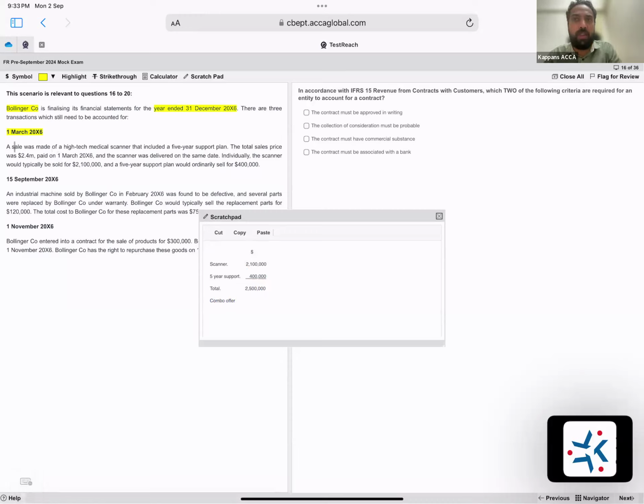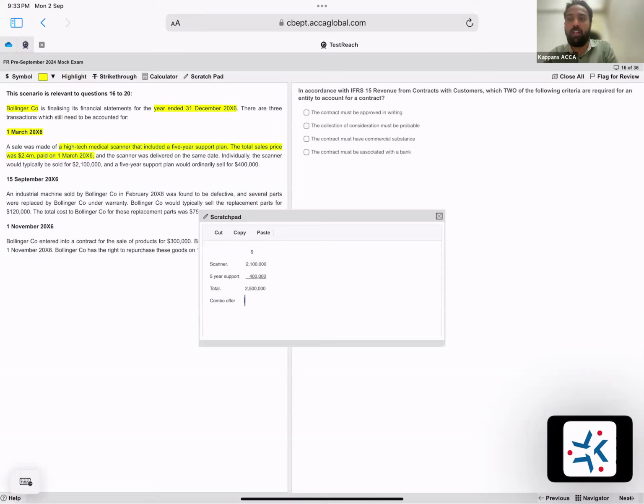A sale was made of a high-tech medical scanner that included a 5-year support plan, and the total selling price on March X6 was 2.4 million. So there's a combo offer, which you have to remember.